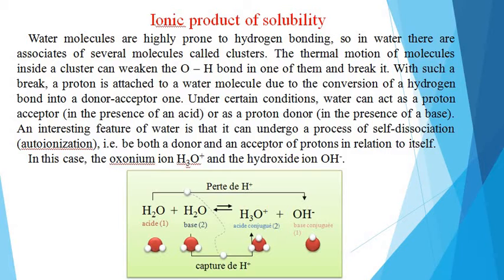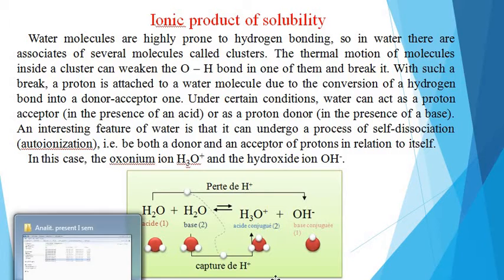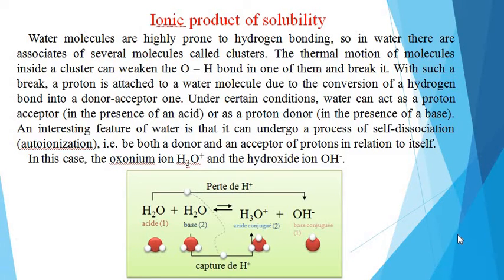An interesting feature of water is that it can undergo a process of self-dissociation or auto-ionization, or be both a donor and an acceptor of protons in relation to itself. In this case, the oxonium ion and hydroxide ion are formed.